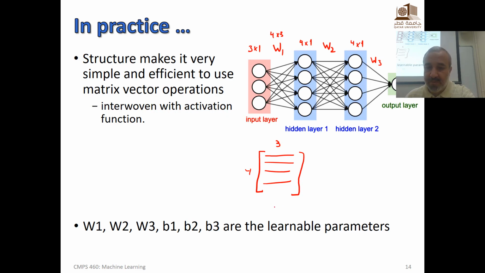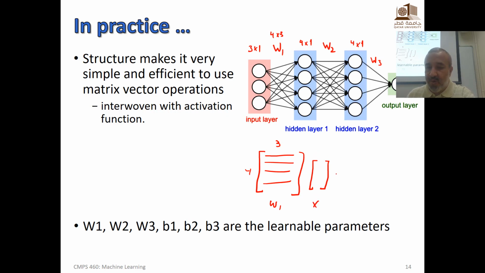So that's W1. Now when we compute the values of the hidden units of the first layer, we actually multiply this matrix by x. So it will be multiplied by the 3 by 1 vector, which is x.